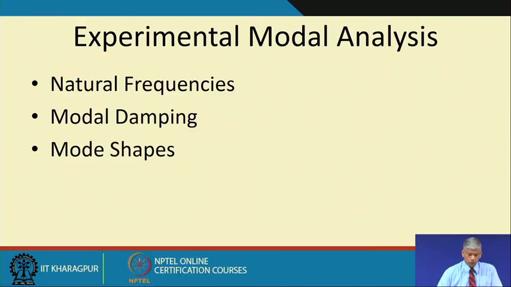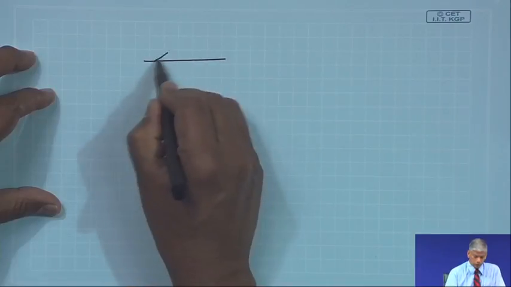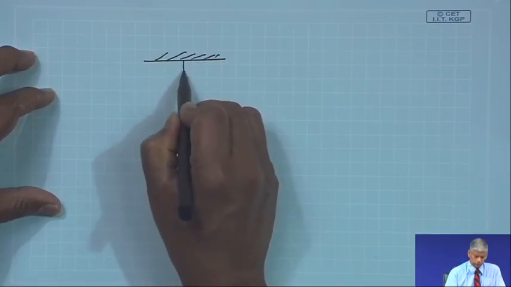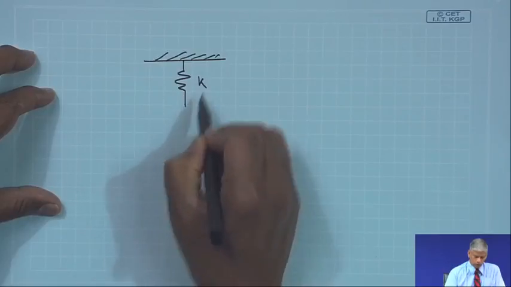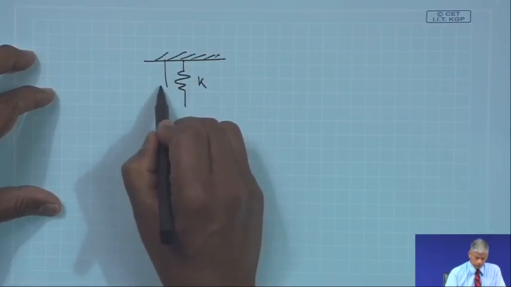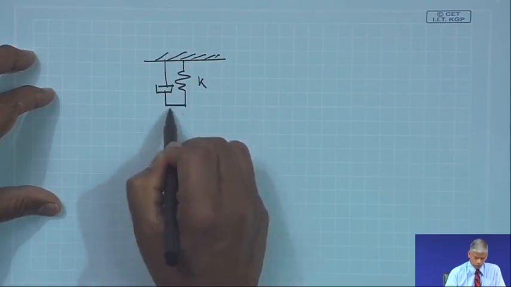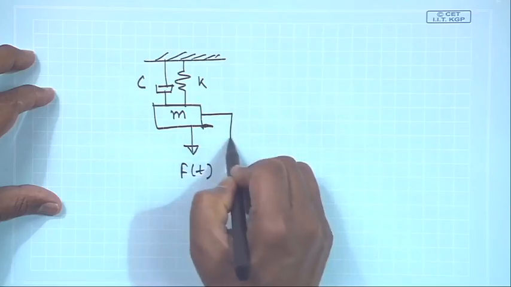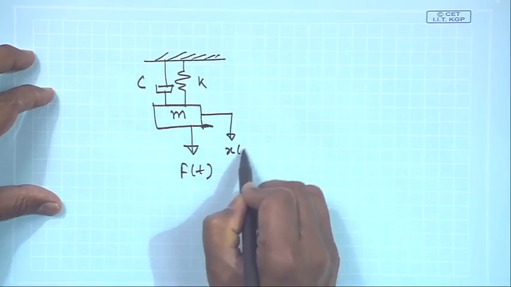Now, if you consider a dynamical system, for example, a mass, spring, dashpot or damped oscillator. Now, suppose this is excited by a force. So, this body is going to have a response.